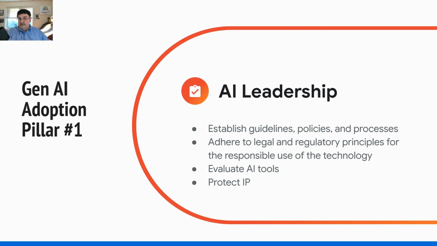So, for example, bar associations now are setting ethical standards for the use of AI. CPAs are establishing rules about how and when it can be used in performance of work for clients and what you need to do to continue to maintain confidentiality and privacy of your client's data when you're using AI. All of these should be in your policies.